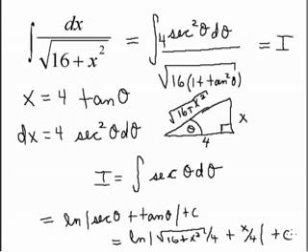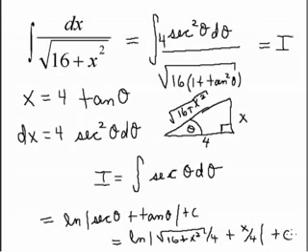We look at the representative triangle. If the tangent of theta is x over 4, the hypotenuse is the square root of 16 plus x squared. We substitute in. The 4's cancel, one of the secants cancels, and we get that the integral is the integral of secant of theta d theta.